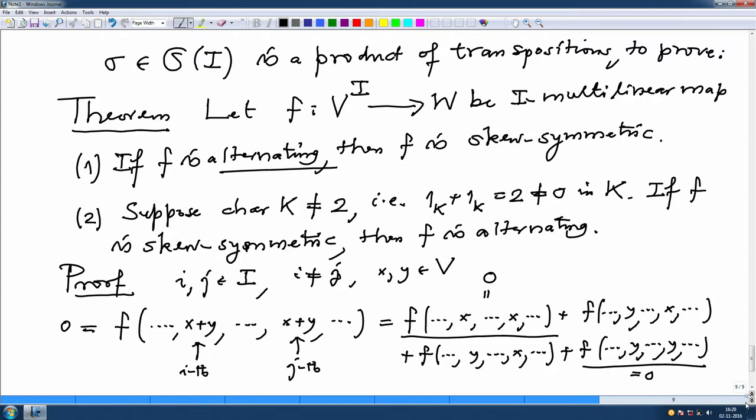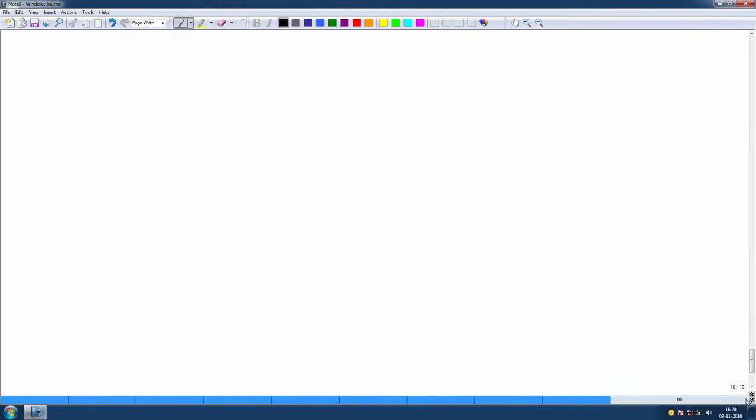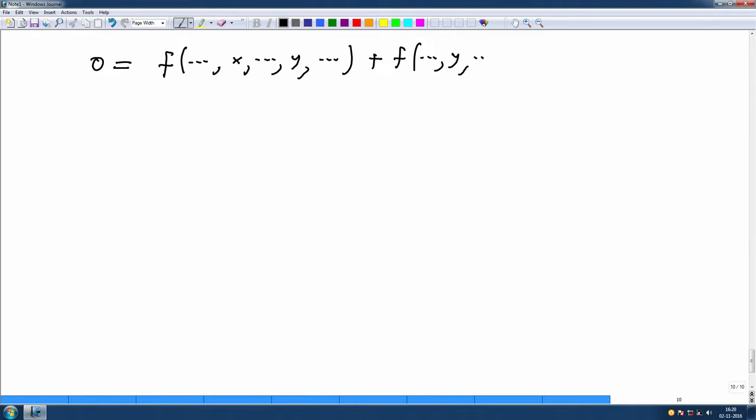So what you get is 0 equal to f of x in the ith and y in the jth position, plus f of y in the ith and x in the jth position.